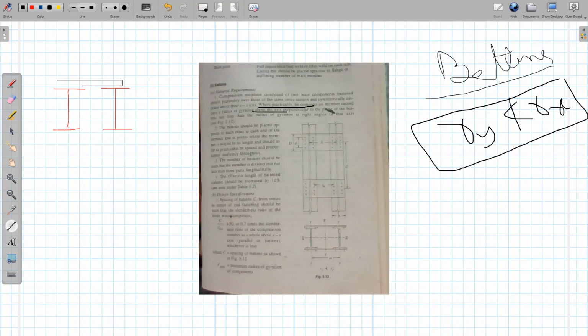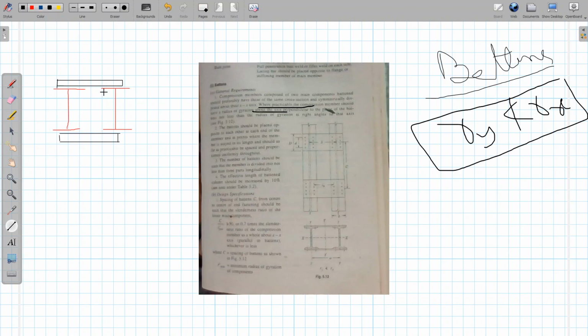The battens should be provided here, as well as the same battens at the same location in the opposite direction also. That means if you look at this, here is one batten, and on the other side at the same location, the same dimensions, battens are to be provided. Spacing, everything should be identical.